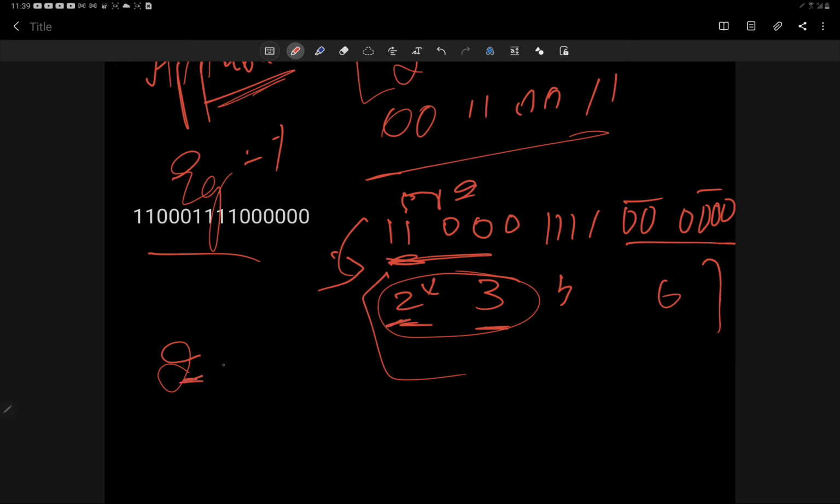The minimum is 2, so we keep 2. Now let's see this case: 0 0 0 and 1 1 1. So these are 3 and 4. The minimum is 3, so we keep 3. Now let's see 3, 1, 2, 2 and 1. I hope that approach is clear, because either it would be 0 or 1, and by grouping them we can get the answer.